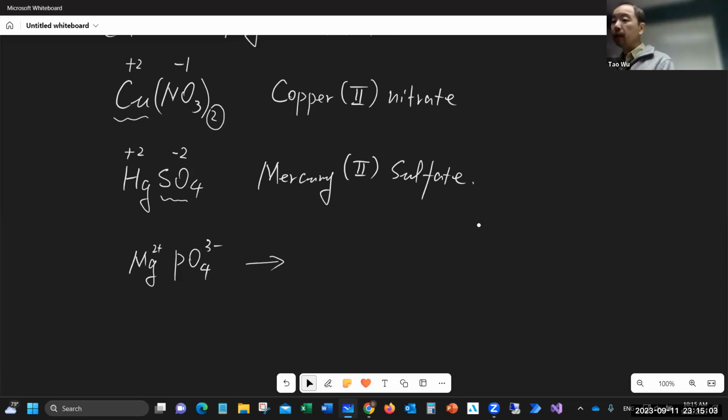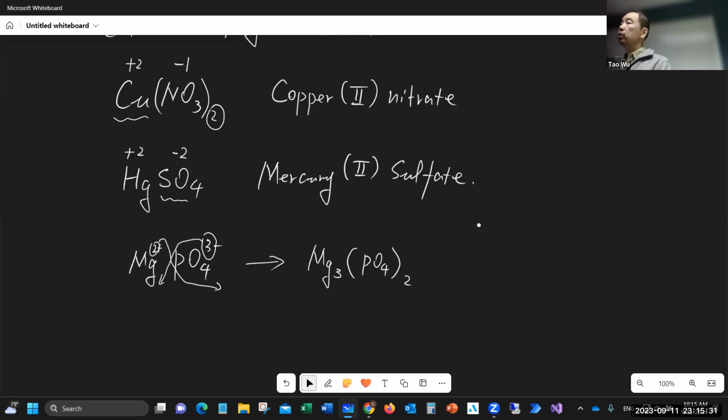You balance it by putting the 3 under the magnesium and the 2 under the phosphate. So the formula is Mg3(PO4)2. Remember, we have 2 phosphates, so you need parentheses to cover that part.